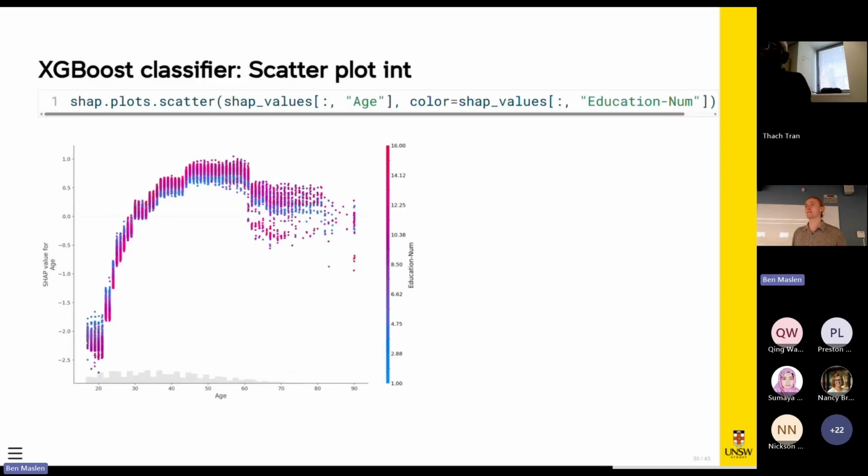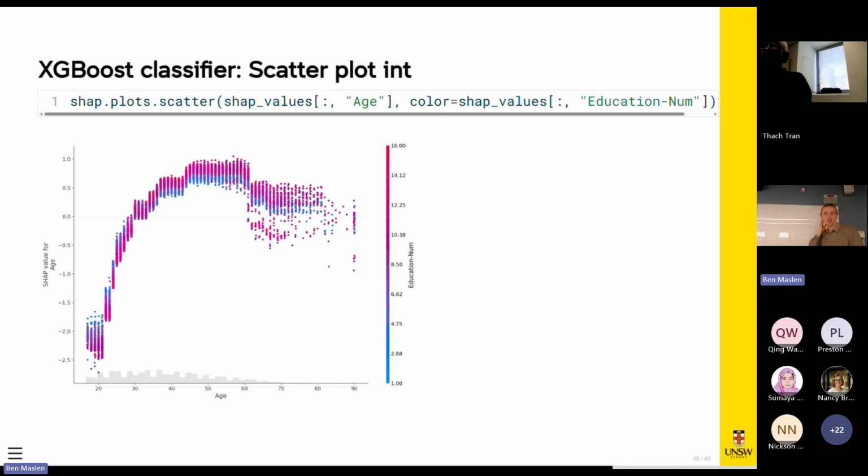So let's color it based on these other terms. We're going to color it based on the amount of education that a person has. And we can see this interesting interaction effect going on. For higher educations, if you're going to university or seeking higher educations, that's signified by red points. Less education, blue points.